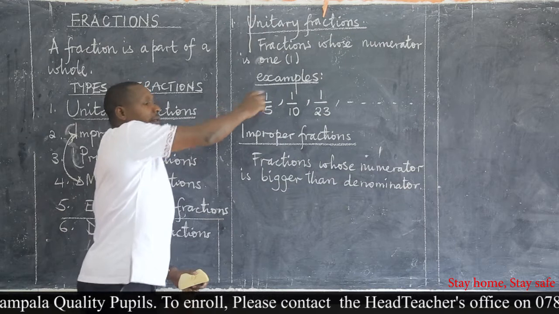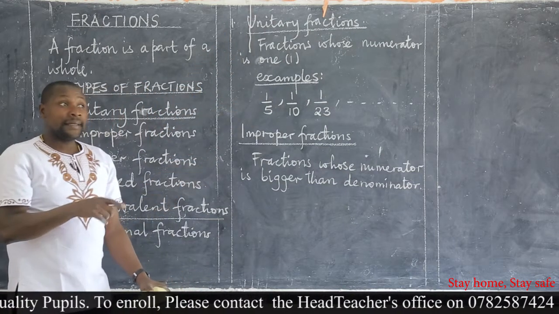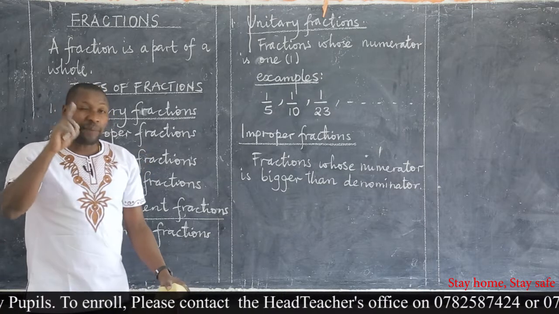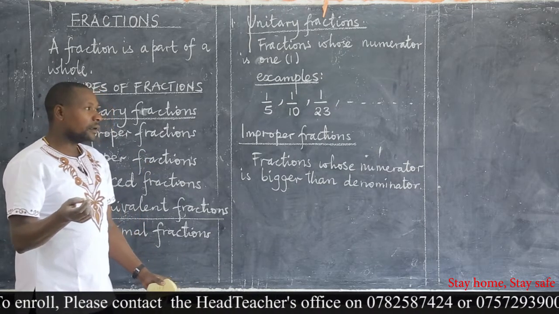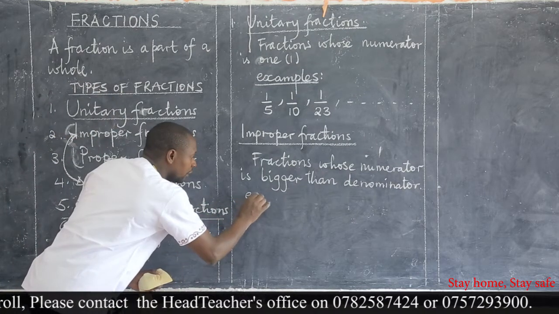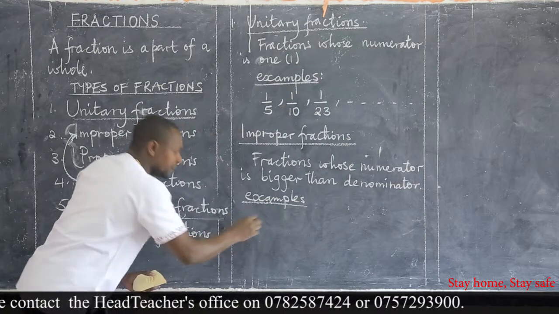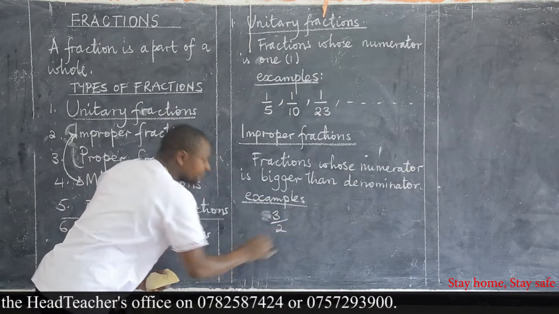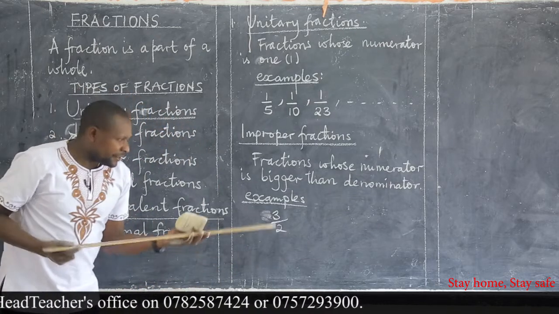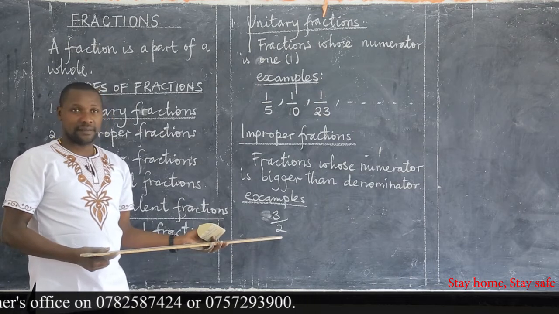Remember here, in unitary fractions we had a numerator of 1. But in the case of improper, the numerator must be bigger than the denominator. What do we mean here? If I am to give examples, somebody has 3 halves. The numerator, which is 3, is bigger than the denominator.